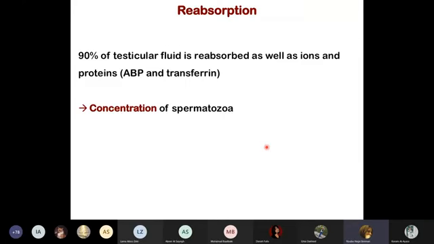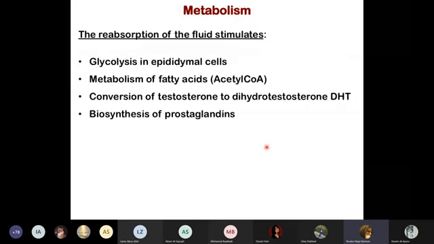This reabsorption of the fluid will also stimulate the epididymal cells to undergo glycolysis and start metabolizing fatty acids, and will also allow them to start synthesizing prostaglandins and convert testosterone to dihydrotestosterone.